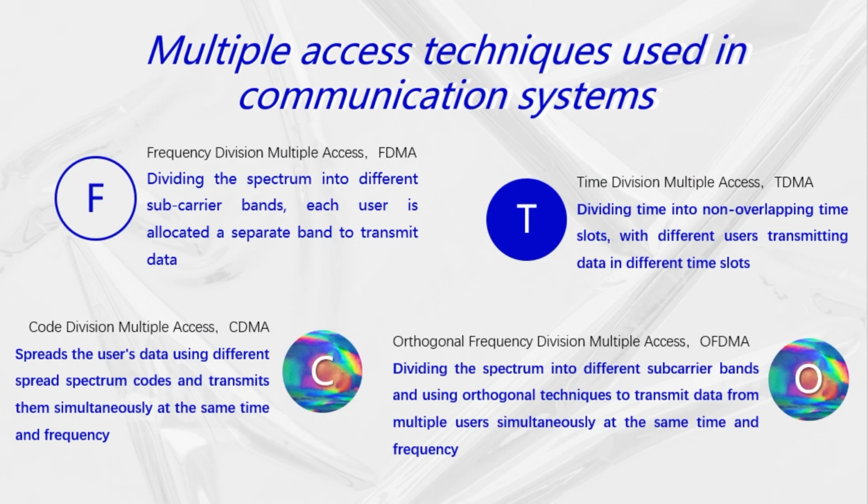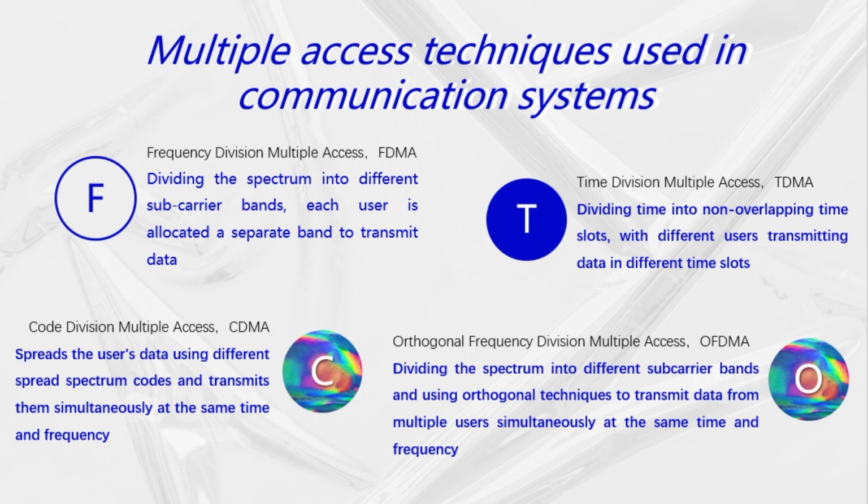The multiple access techniques used in communication systems often fall into four categories. First one is FDMA, frequency division multiple access, dividing the spectrum into different sub-carrier bands. Each user is allowed a separate band to transmit data.